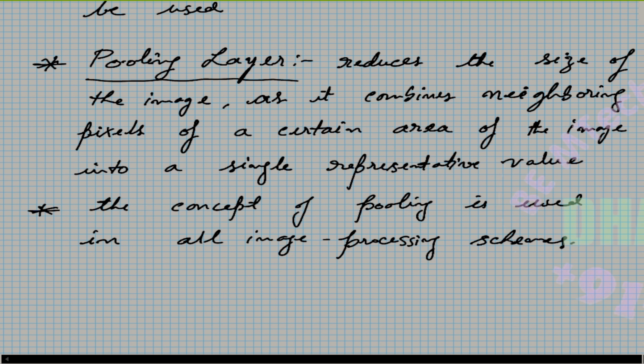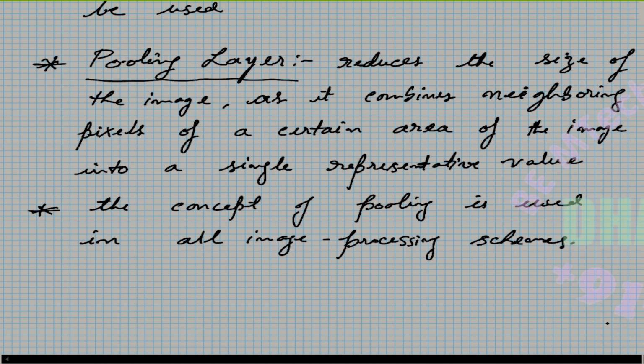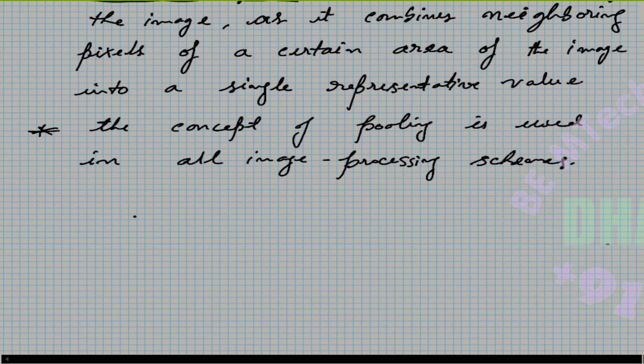In order to conduct the operations inside the pooling layer, we should determine how to select the pooling pixels from the original image and how to set the representative value of each of them. That's a very important piece, because once you decide that, you can go ahead and perform the pooling.